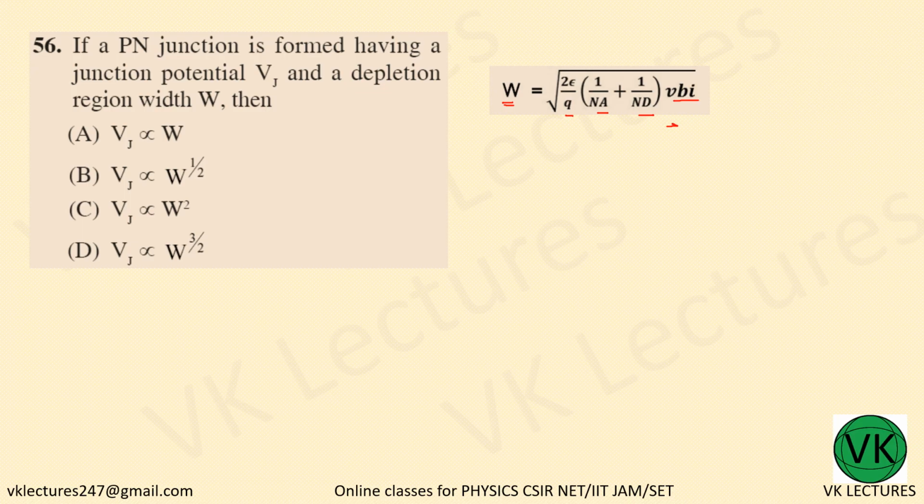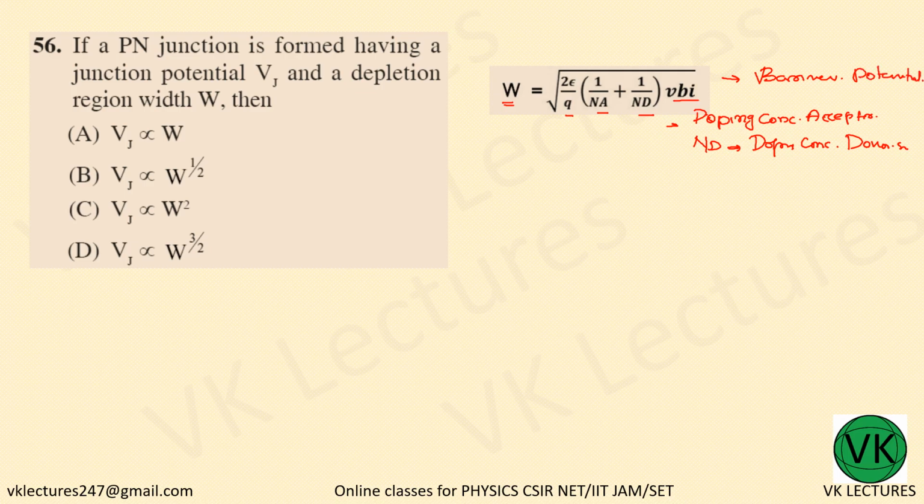Na is the doping concentration on acceptor side, and Nd is doping concentration on donor side. Then Vbi is the barrier potential.